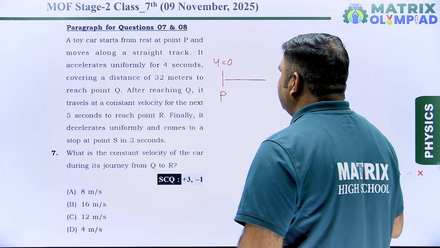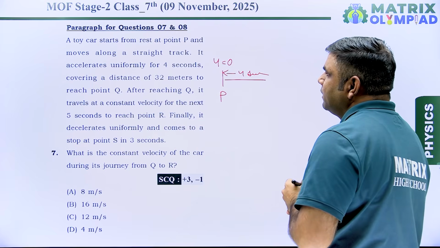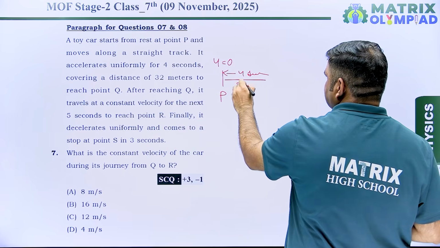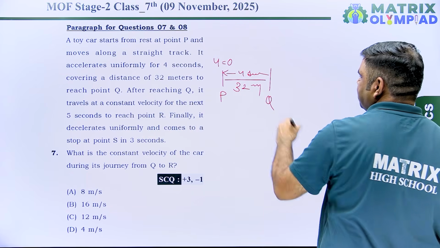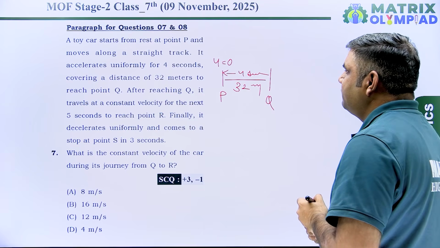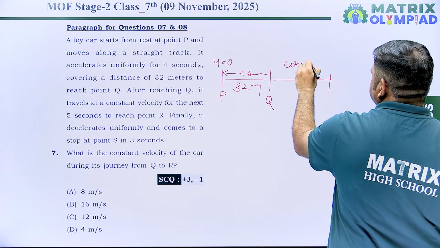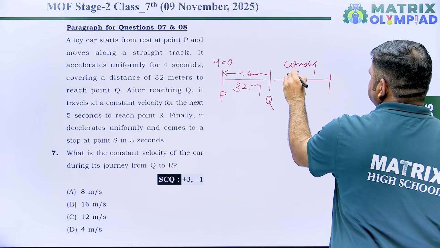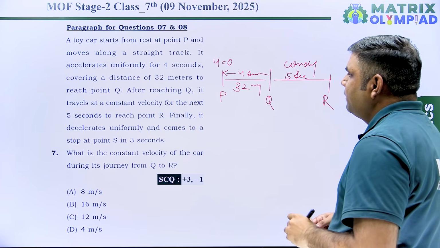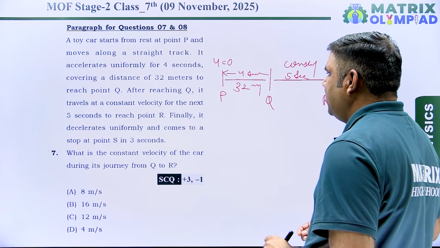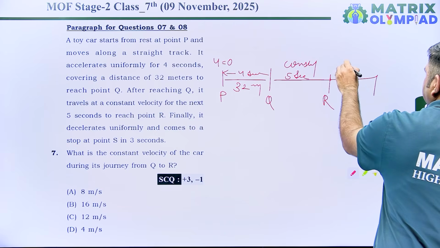It accelerates uniformly for 4 seconds, covering a distance of 32 meters and reaches point Q. So this is point Q. It travels at a constant velocity for the next 5 seconds to reach point R. Finally, it decelerates uniformly and comes to rest at point S in 3 seconds.